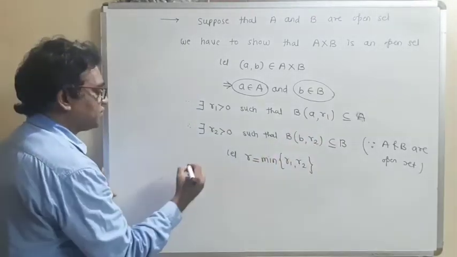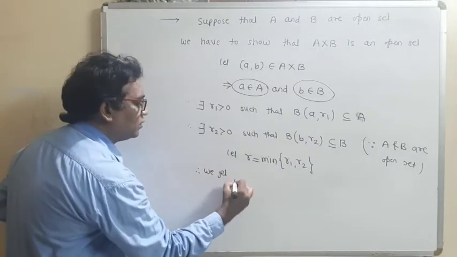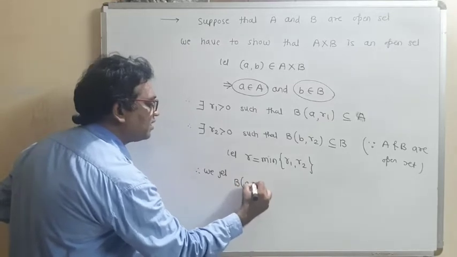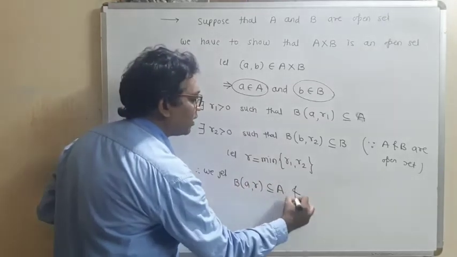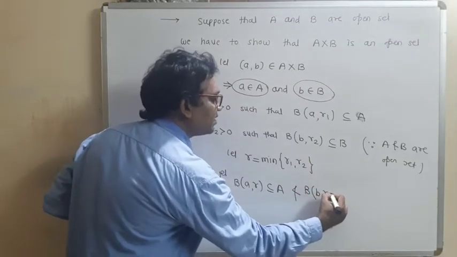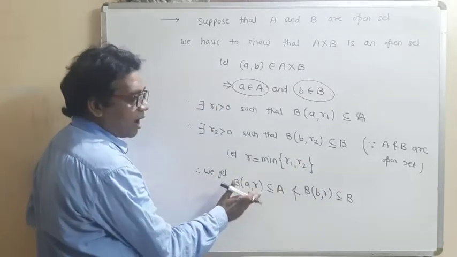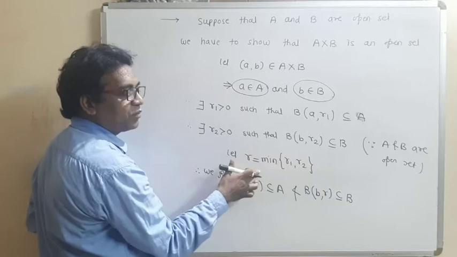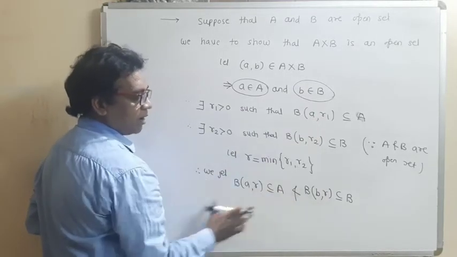So therefore we get the open sphere B with center at a and radius r contained in A, and the open sphere B with center at b and radius r contained in B. Because what is this r? r is the minimum of r1 and r2, so we can replace r1 by r and we can replace r2 by r.